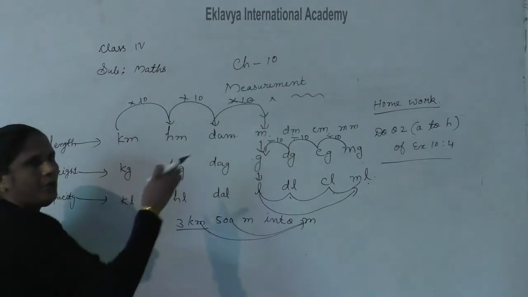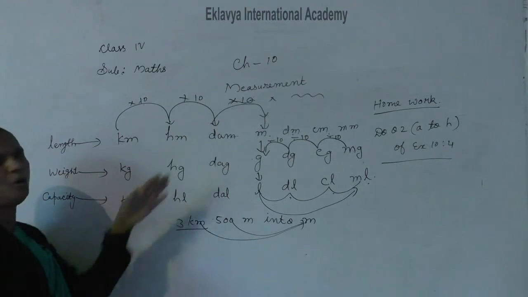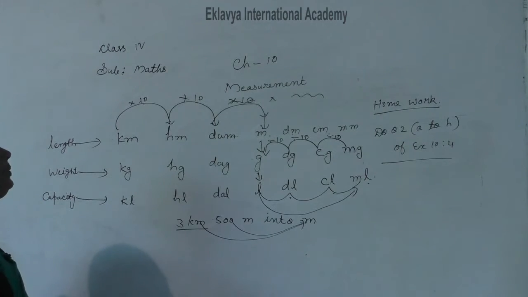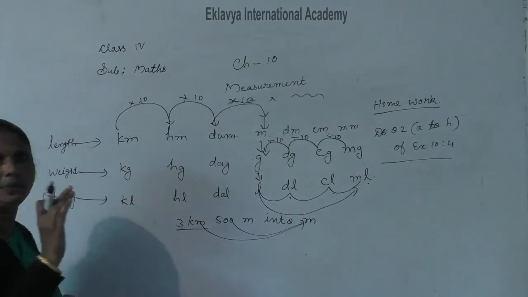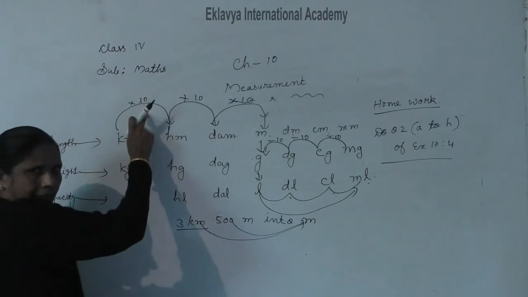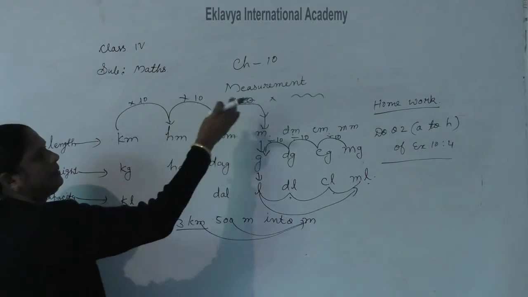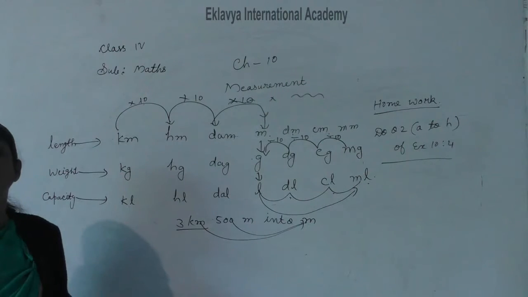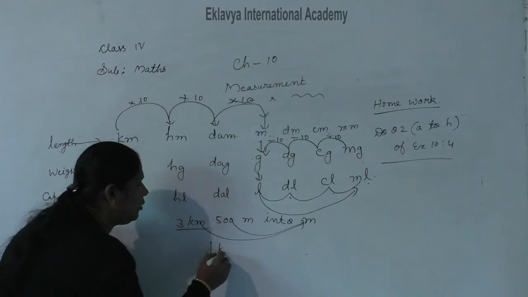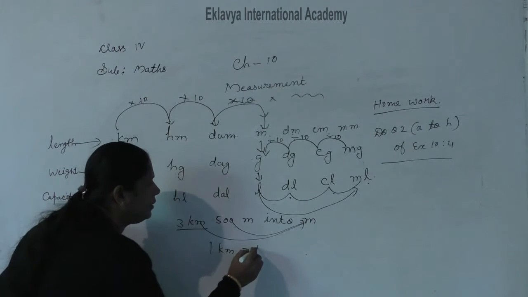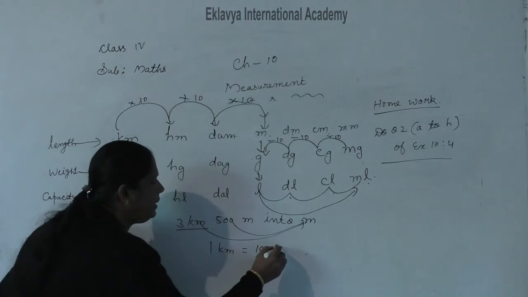How many steps do we jump? 1, 2, 3. Three steps, that is 10, 100, 1000. We multiply by 1000. Therefore, you write 1 kilometer is equal to 1000 meter.